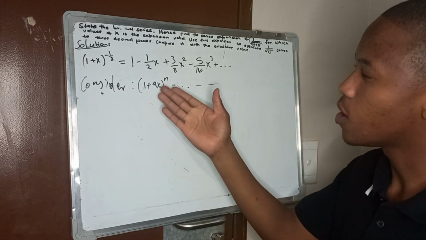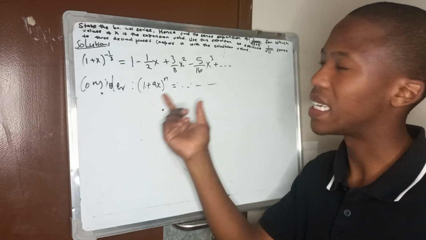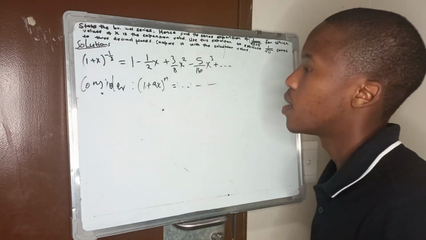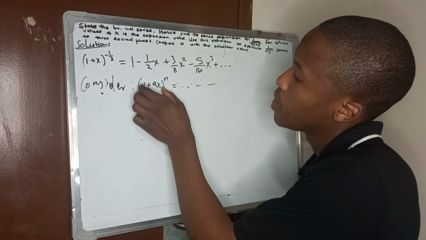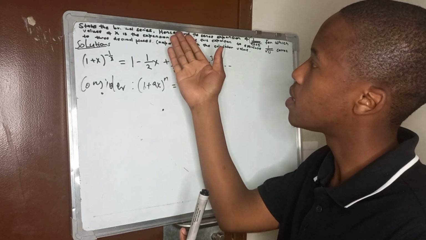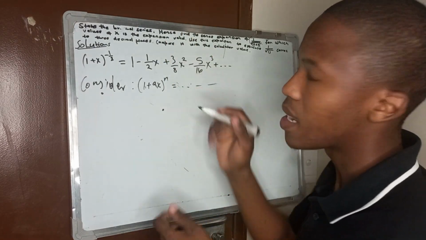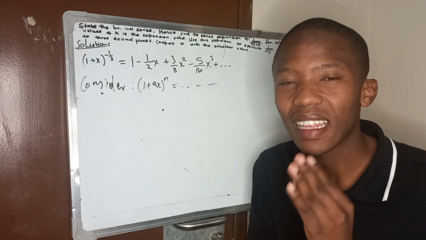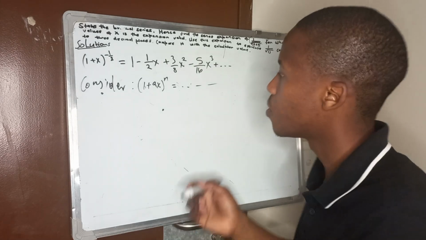Okay, so now how do we get the values of x that are valid for the expansion? Take this that I'm giving you right now as the formula.